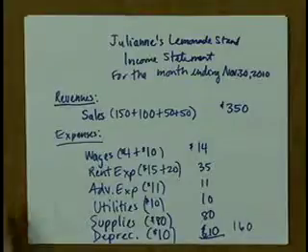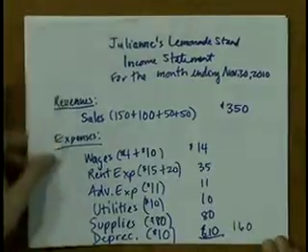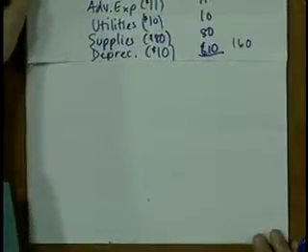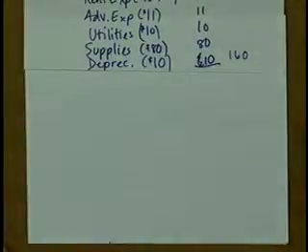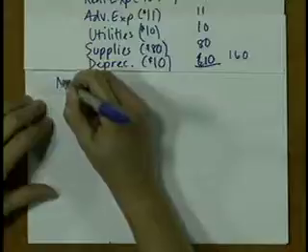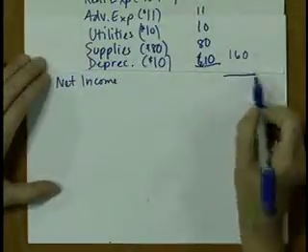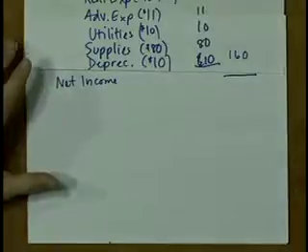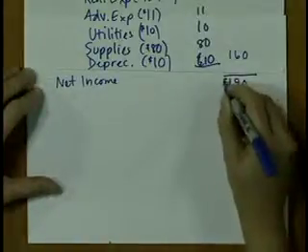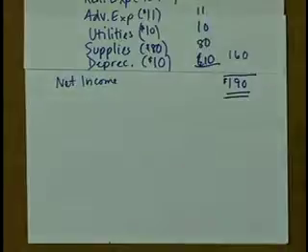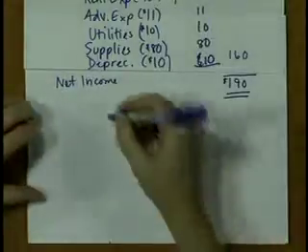So I've got total expenses then of $160. I'm running out of space. All right, so I'm going to bring that up. So what is my net income? $190. Oh, good for Julianne. All right, what's the next statement? Yeah, retained earnings, right.